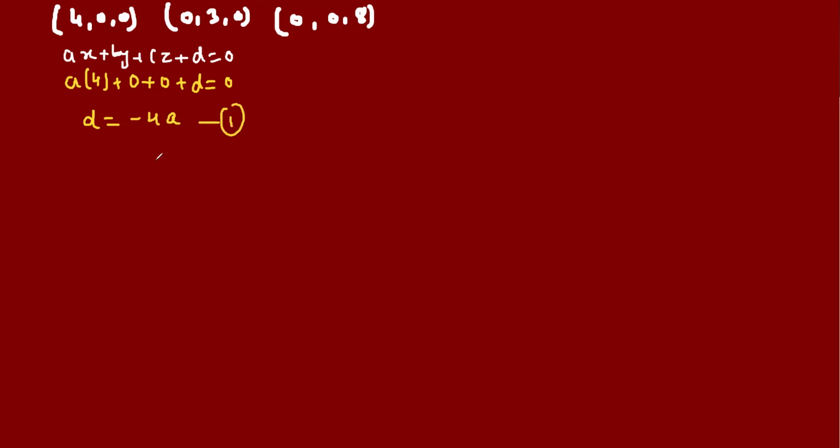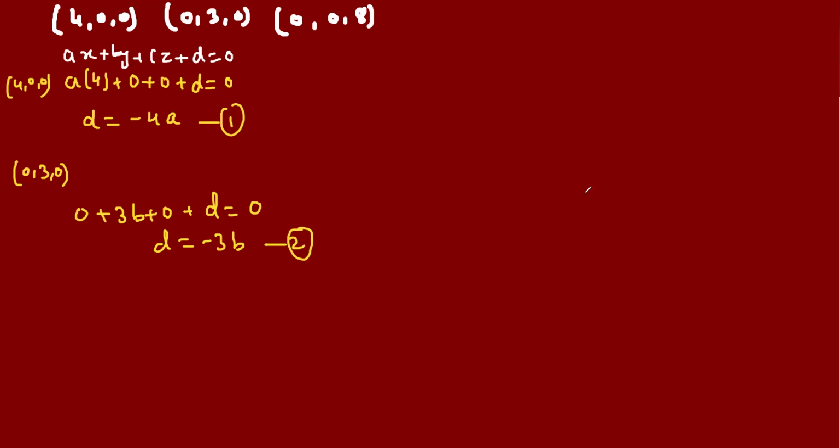This is the first equation. Now put the second point, (0, 3, 0). D is what? Minus 3B, right?